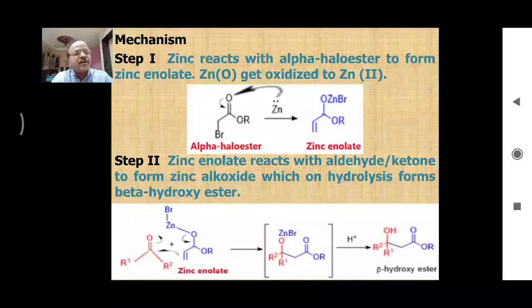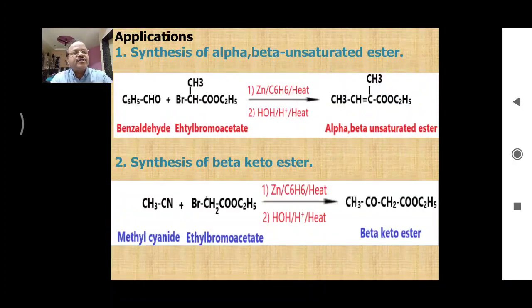So we can get the unsaturated ester, which is shown here. Initially from this reaction we get beta hydroxy ester, no doubt. That beta hydroxy ester undergoes dehydration to form alpha beta unsaturated ester. So in this way we can prepare alpha beta unsaturated esters.